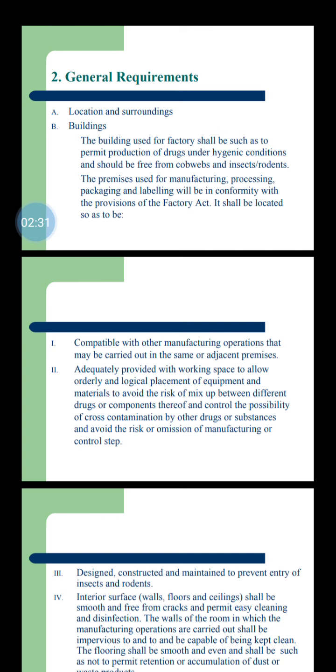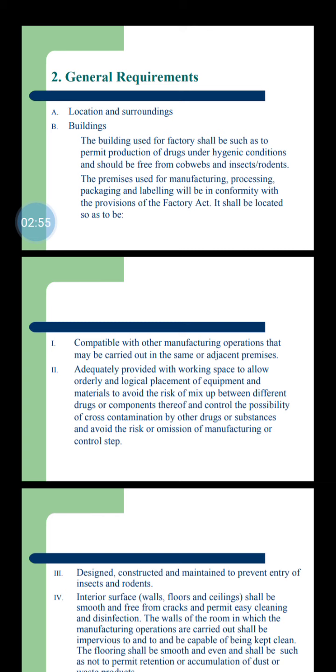The building should be maintained hygienically and be free from cobwebs, insects and rodents. The premises used for manufacturing, packaging and labeling shall conform with the provisions of the Factory Act.